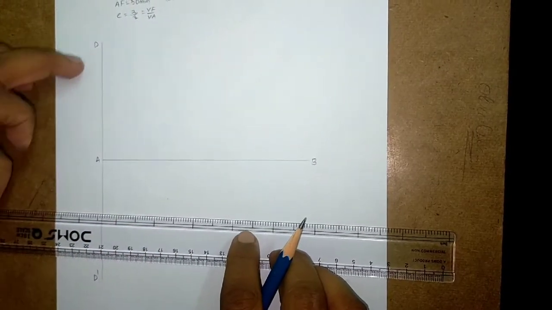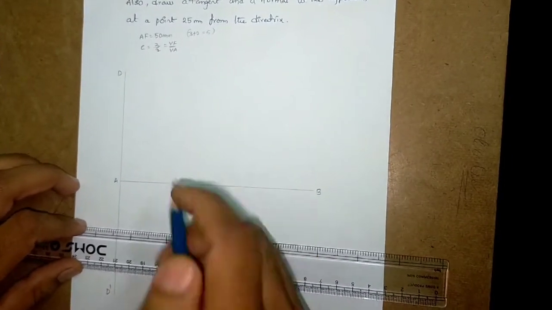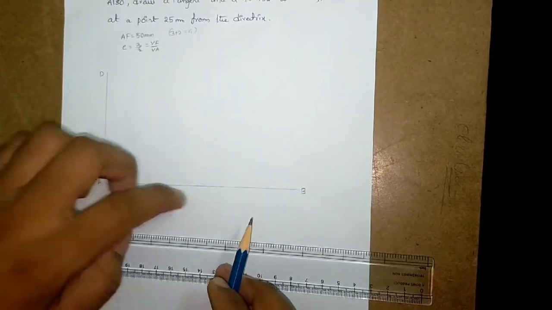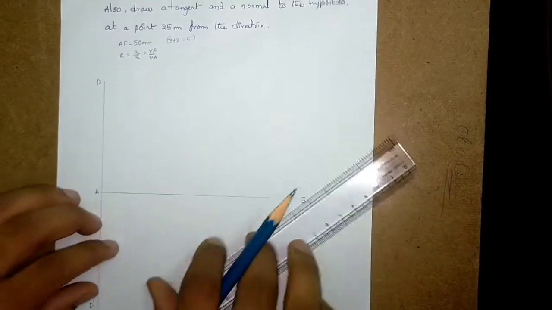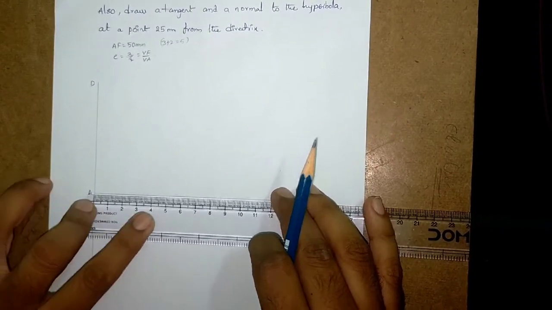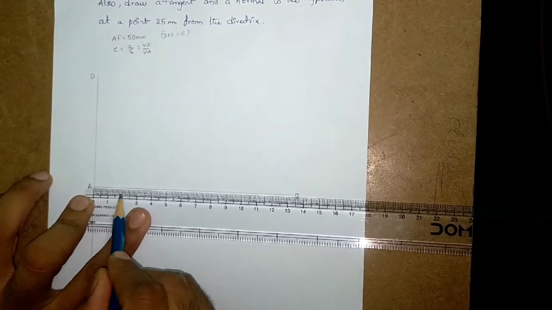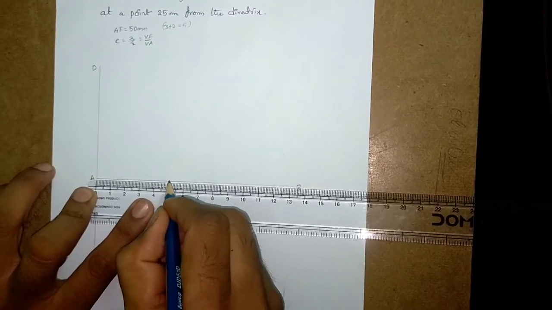This D dash is the directrix and AB is the principal axis. Now mark F on the principal axis at a distance of 50 mm from the directrix. See here, 1 2 3 4 5 centimeters, that equals 50 mm.